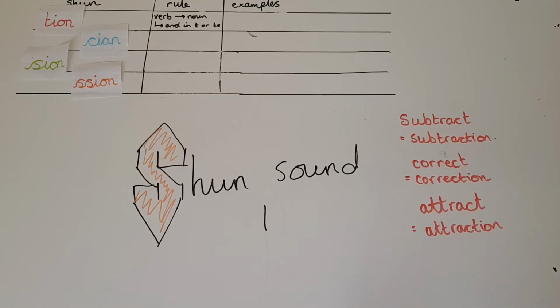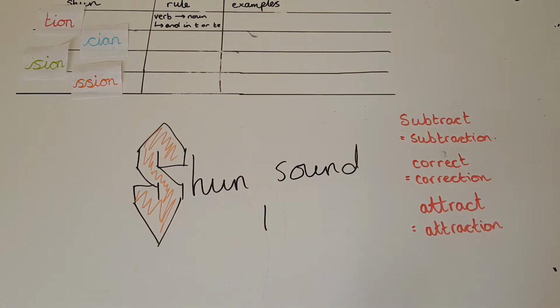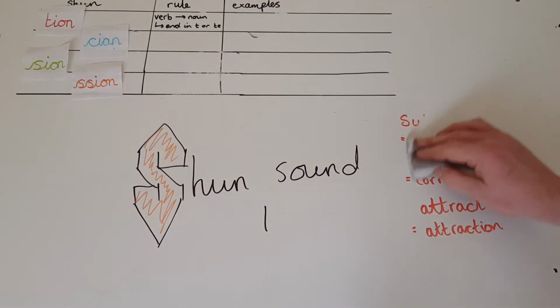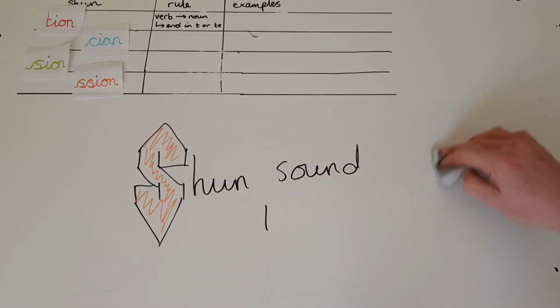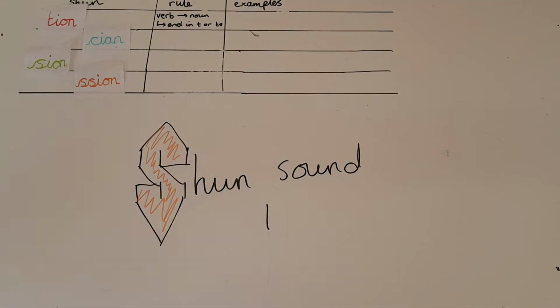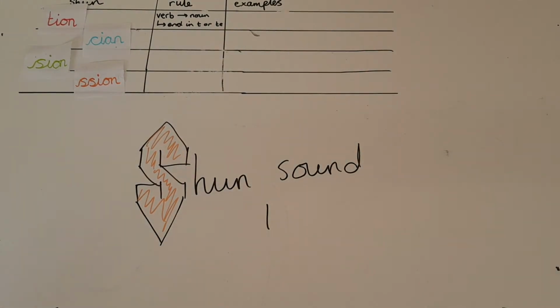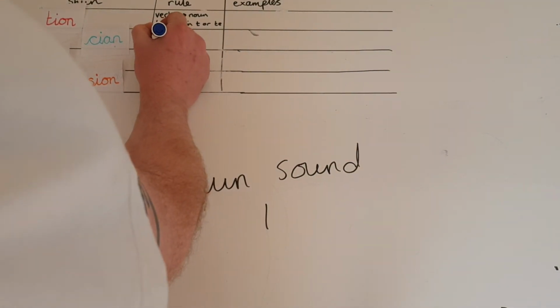The next shun sound we're going to be looking at is the cian sound. If I rub out the tion, let's move on to cian. This is quite an easy one, because cian itself means skill. I'm going to write this right into the rule section.